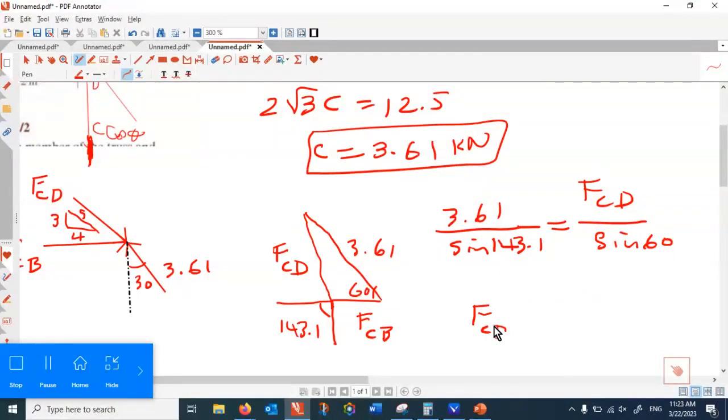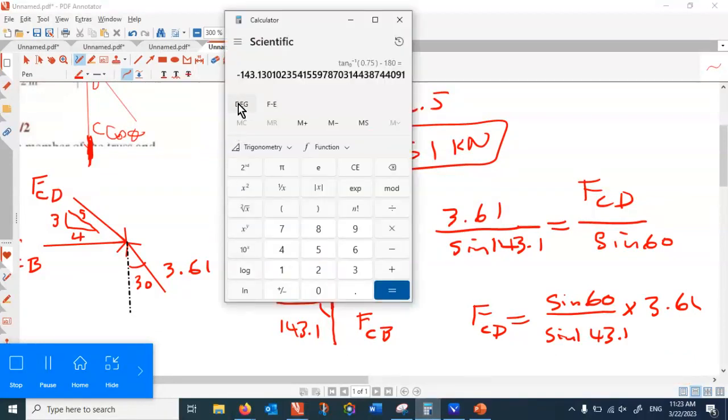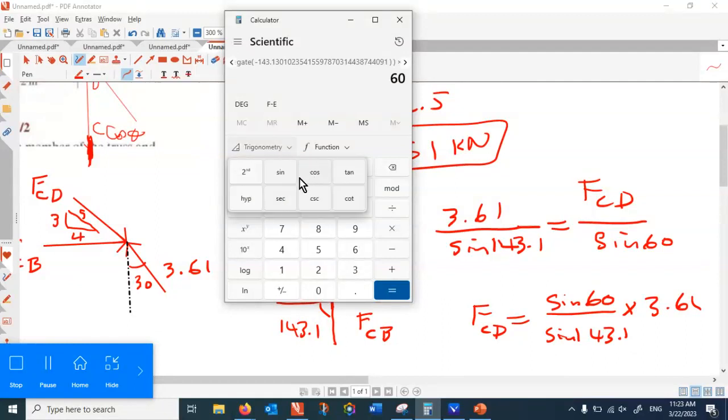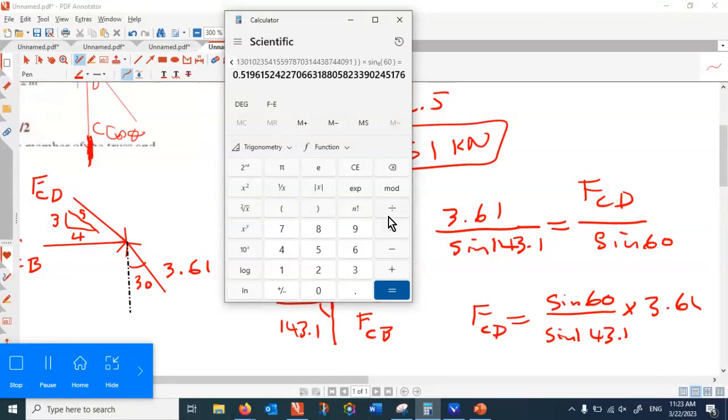So FCD is equal to sine 60 divided by sine 143.1 multiplied by 3.61. All right, so FCD is 1.88.